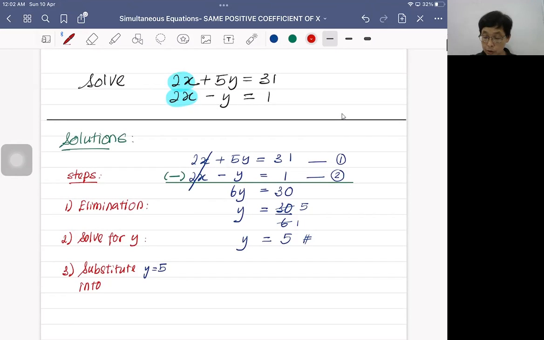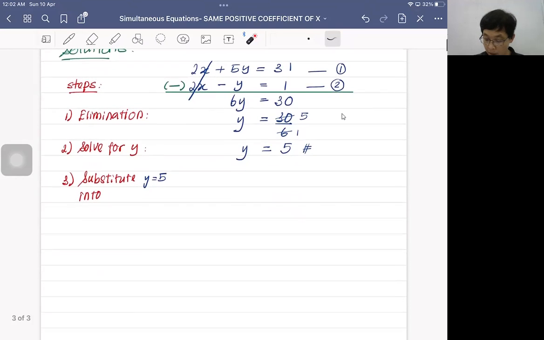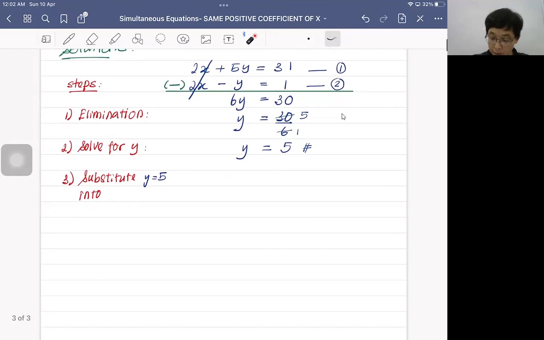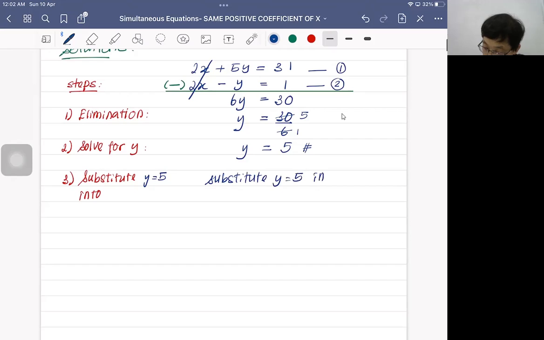You can substitute into this one, or you can substitute into this one. Either way does not matter. So let me just randomly pick. I'm just going to substitute y equals 5 into equation 1.